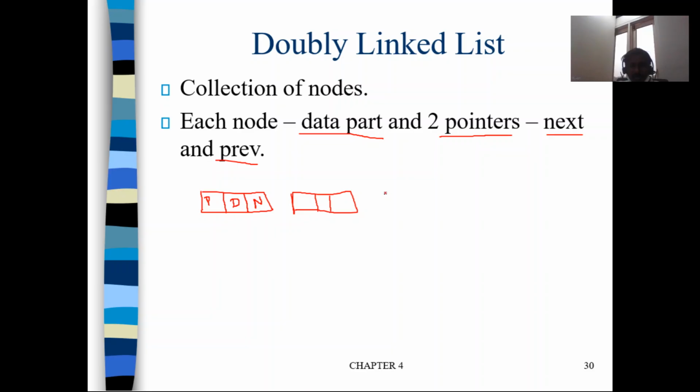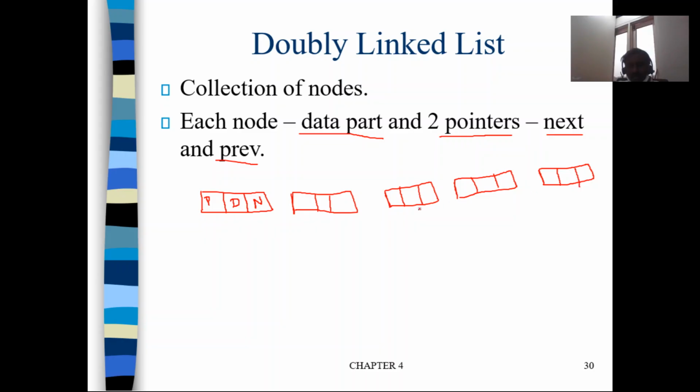The previous pointer will always point to the previous node, and the next pointer will always point to the next node. Like that you can have any number of nodes, say 10, 20, 30 or 100 nodes. Let us assume that our linked list contains only 5 nodes.